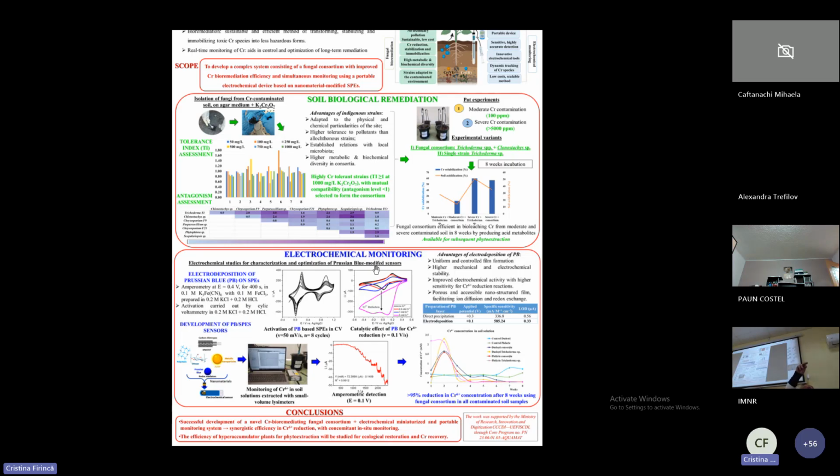The developed sensor presented high sensitivity and accuracy, allowing us to observe an almost complete reduction in the concentration of hexavalent chromium after 8 weeks by treating our soil samples with the fungal consortium. Thus, the scope of our study was achieved, and we will continue by evaluating the phytoextraction efficiency of hyperaccumulator plants for eco-restoration and chromium recovery from contaminated soils.